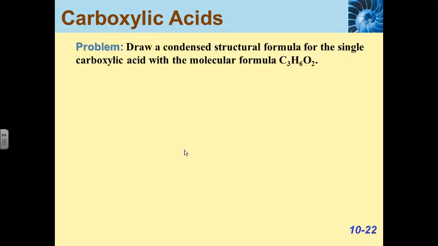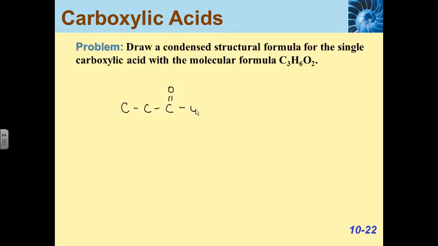Considering carboxylic acids, let's practice drawing a single carboxylic acid with the formula C3H6O2. What might that look like? Well, I can see that the three carbons will go in a row.